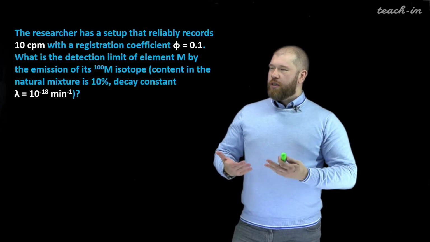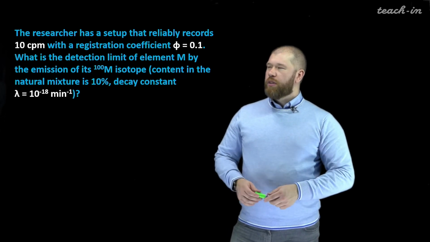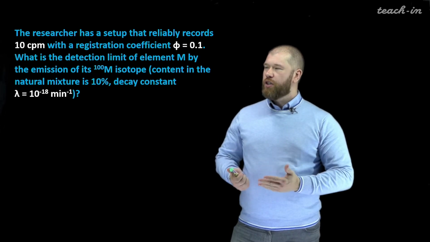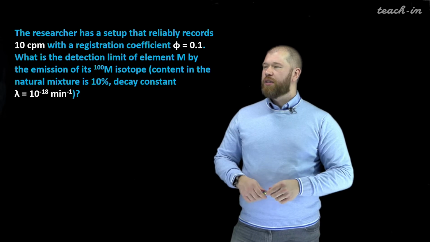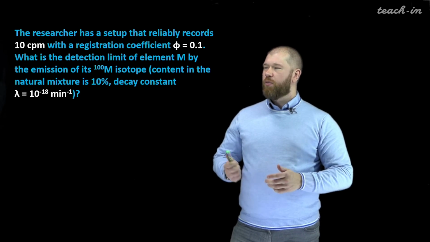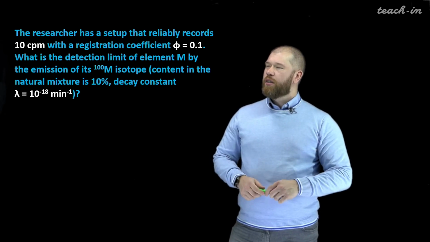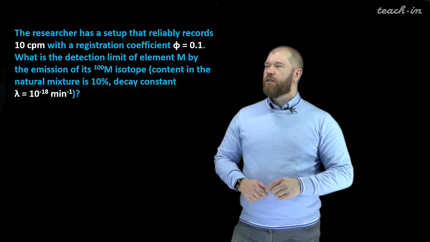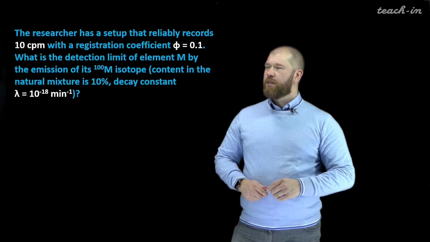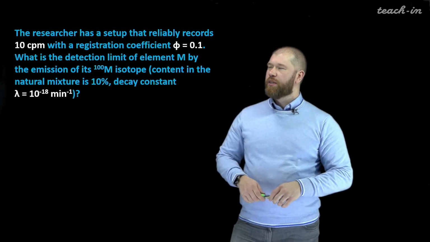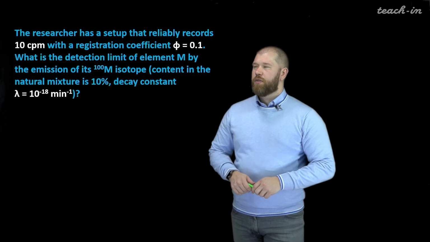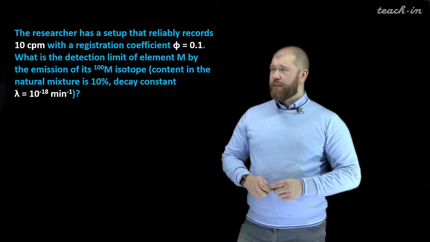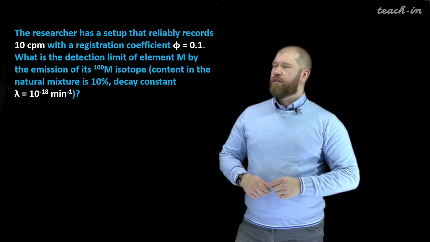And we measure the concentration or amount of this element by the registration of the radiation coming from its isotope with the mass 100, and the content of this isotope in the natural mixture is equal to 10%, and the decay constant is equal to 10 to minus 18 reversed minutes. So what is the detection limit in this case?